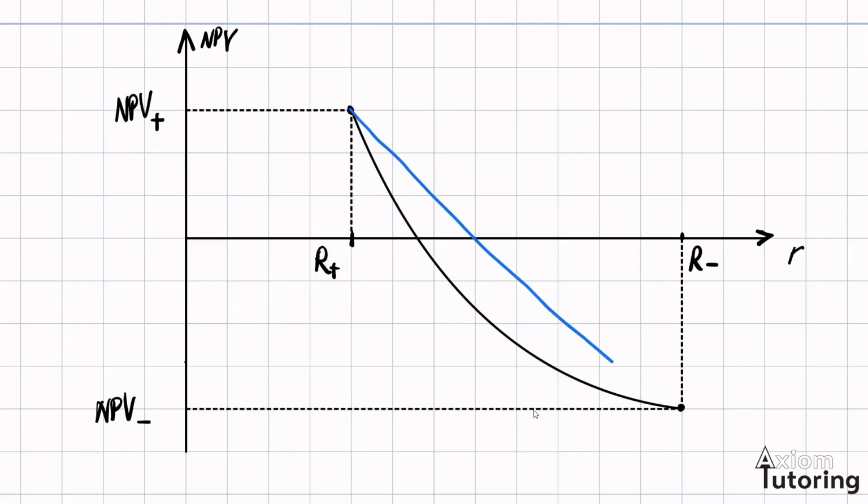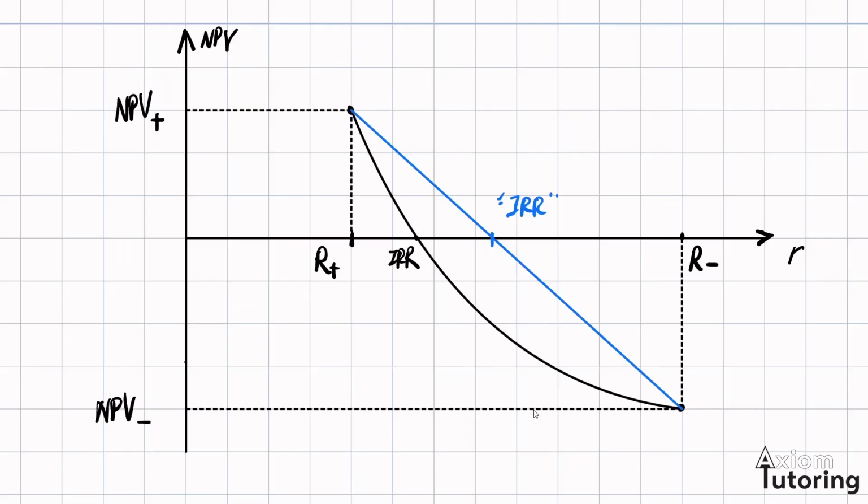So basically, we're connecting these 2 dots, and whenever this straight line crosses the horizontal axis, that is our approximate IRR, while our real IRR is somewhere here. So this is only approximation, and as long as the error or the discrepancies are not too obvious, then it's going to be a very good approximation.